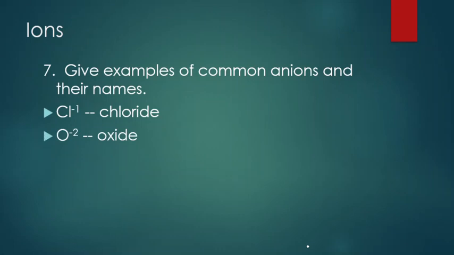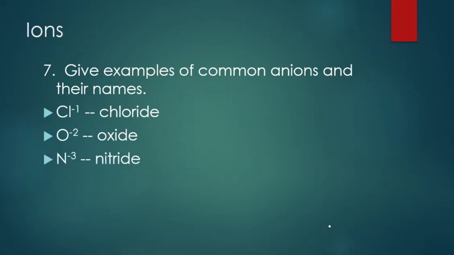Things do get confusing because you would think that oxygen should be oxygenide, but we chop off most of oxygen and just call it oxide. But if you were to write down oxygenide, I'd be totally cool with that.